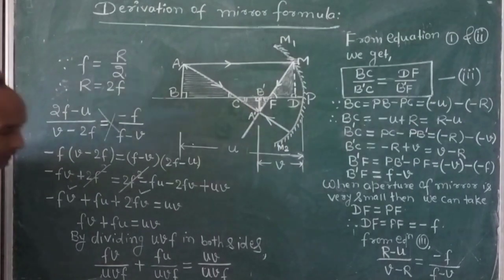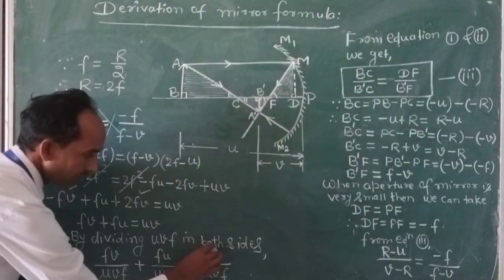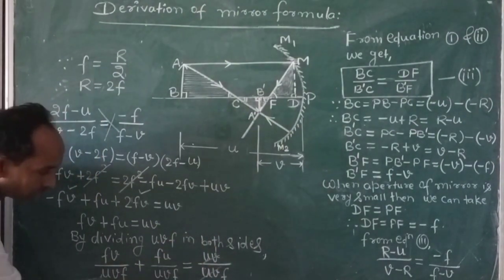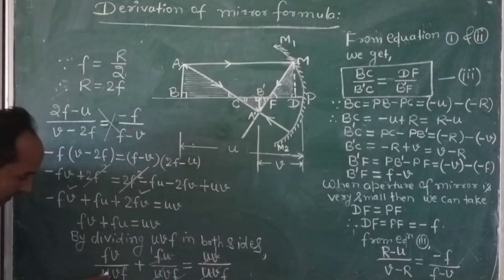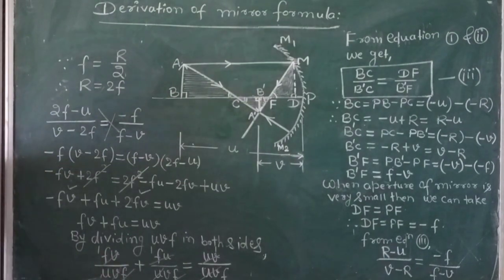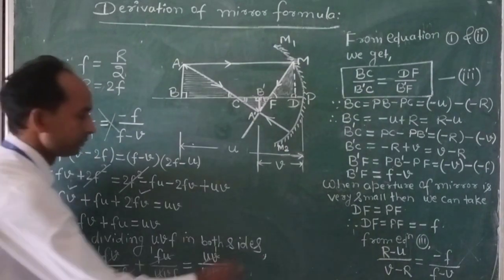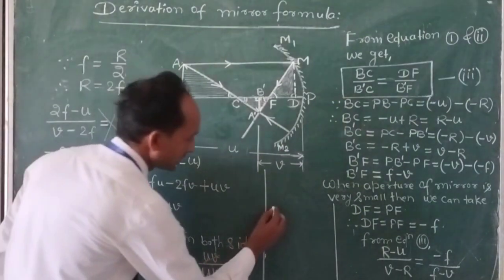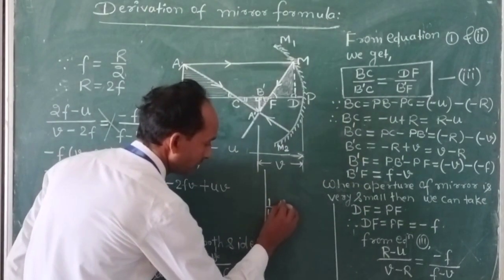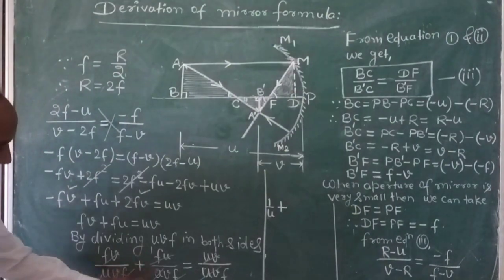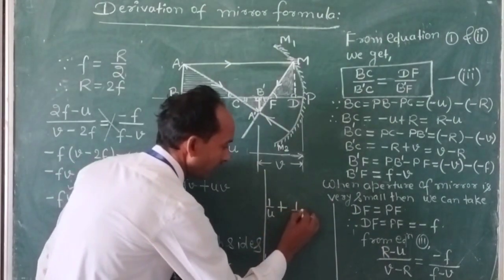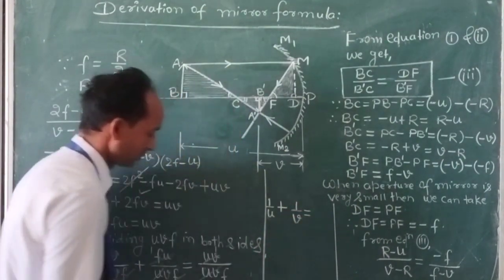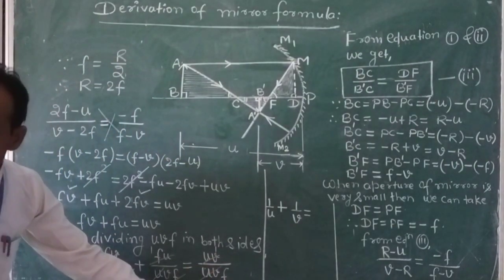Then what happens? This will cancel out, fu will cancel with this, and fv. So we get 1 by u from this term, 1 by u plus 1 by v equal to 1 by f.